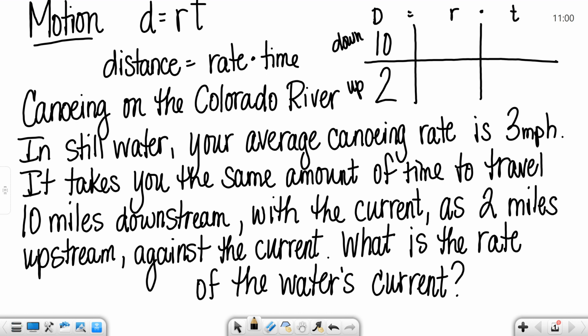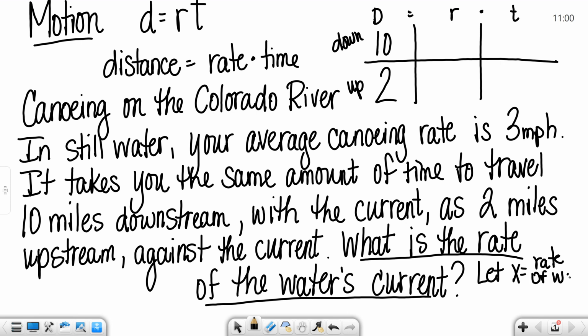The question says, what is the rate of the water's current? And so we're going to say let x equal the rate of the water's current, because that's what we're looking for. So we're going to let that be x.